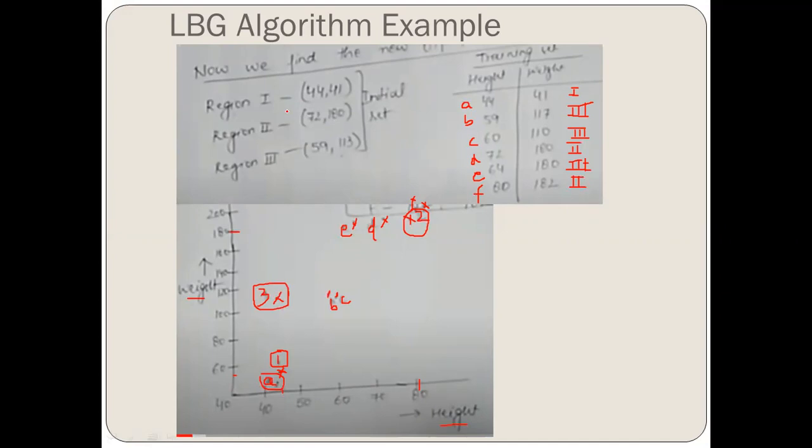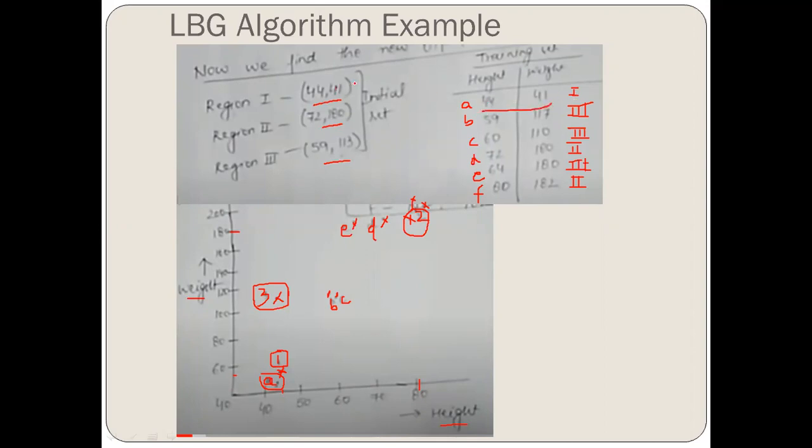So what we have in the regions: we have 44 and 41, right? 72 and 180. The third region will be 59 and 113. How will it be? See here, in region 1 only one value is there. So 44 and 41.